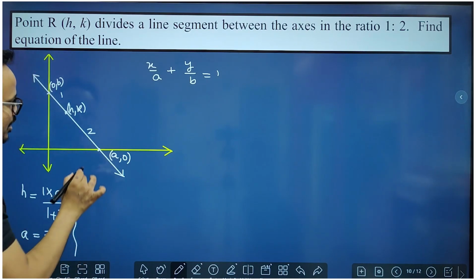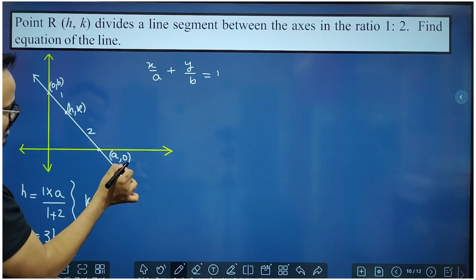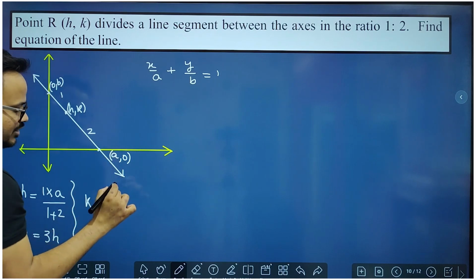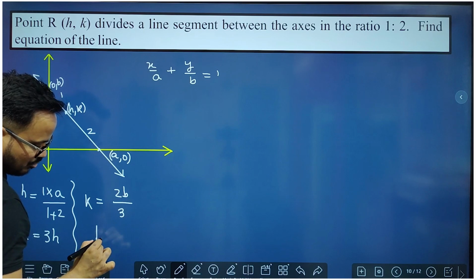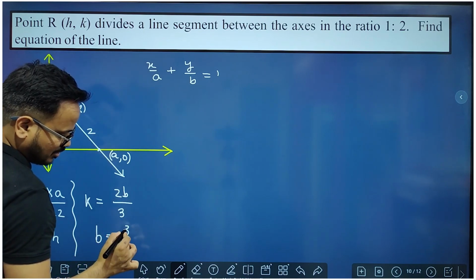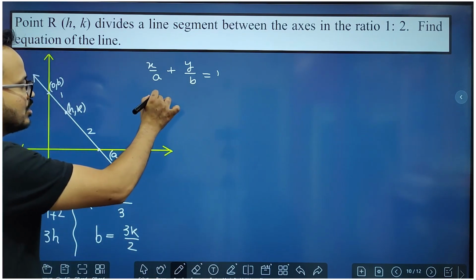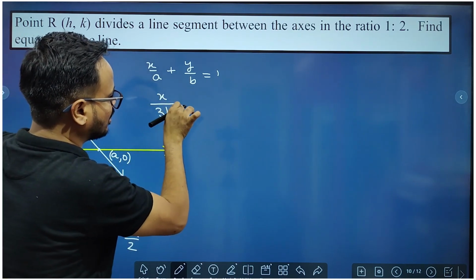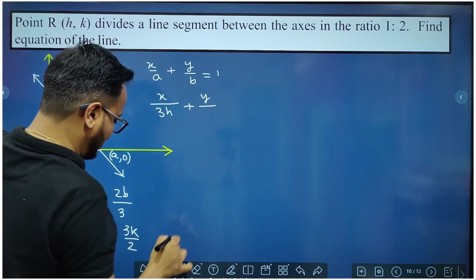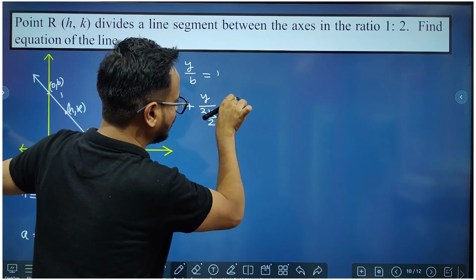And similarly, k is 1 into the y coordinate of this, which is 0, plus 2 into the y coordinate of this, which is b, divided by 1 plus 2, that is 3. So the value of b is 3k divided by 2. Now if we put these two values of a and b in this equation, we get x divided by 3h plus y divided by 3k/2 equal to 1.